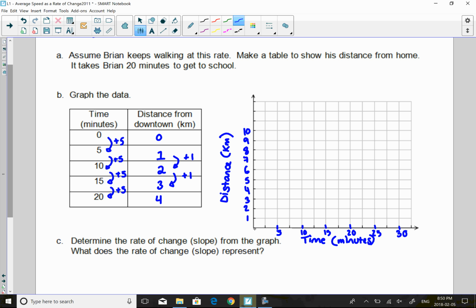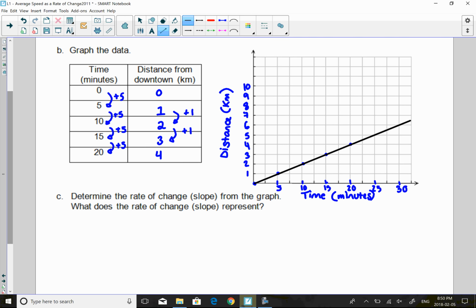So 0 kilometers is at 0 minutes. 5 minutes, he went 1. 10 minutes, 2. 15 minutes, he was 3. 20 minutes is 4. So I'm going to draw a line. It's a linear relationship because it's steady. It's the same rate that he's traveling.